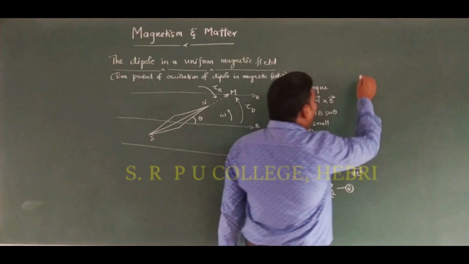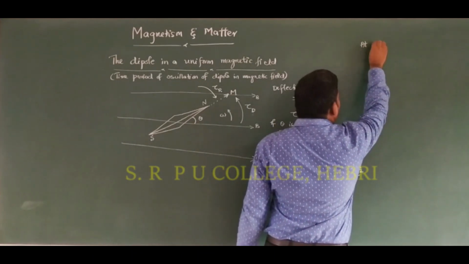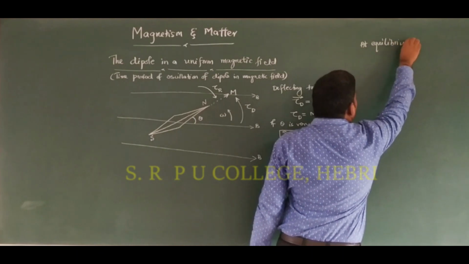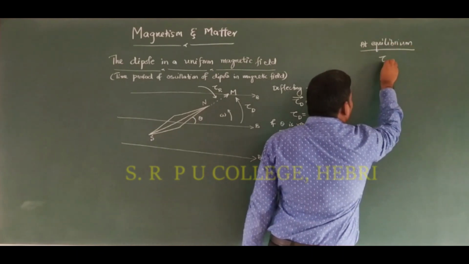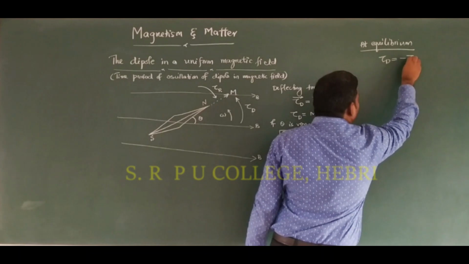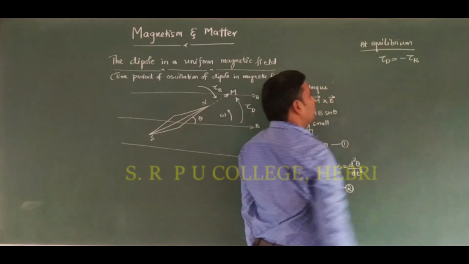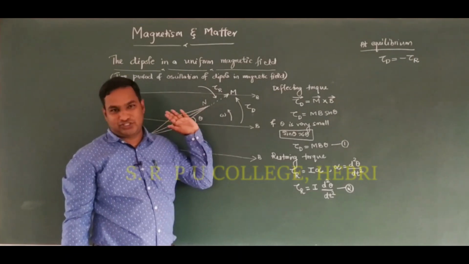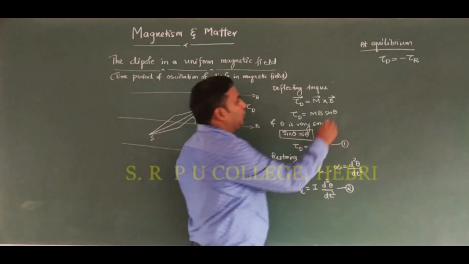That's why at equilibrium, the deflecting torque is equal to minus the restoring torque, because both are equal but opposite.